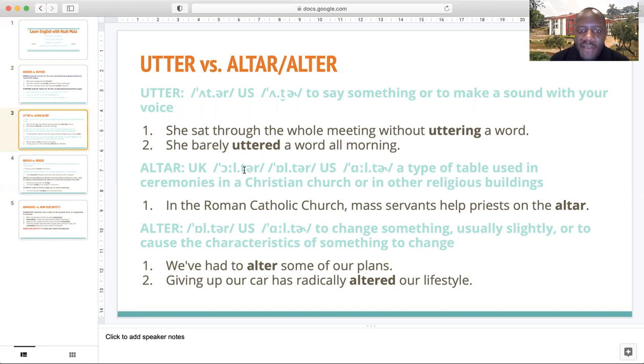Now, secondly, we have alter, to alter something. Alter means to change something, usually slightly, or to cause the characteristics of something to change, or to modify something.